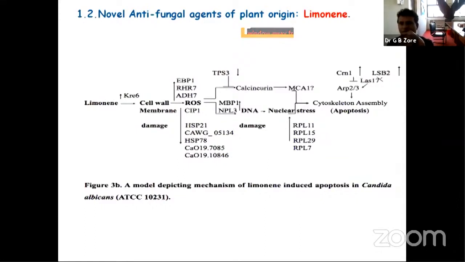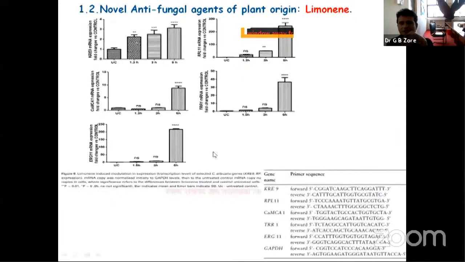And this model was further supported by expression of selected genes. We checked the expression of MCA1, which is involved in apoptosis, KRE9, which is involved in membrane and cell wall structure, and ERG11, again involved in membrane structure, that is sterol biosynthesis. TRR1 is involved in oxidative stress, and RPL11 in nuclear stress.